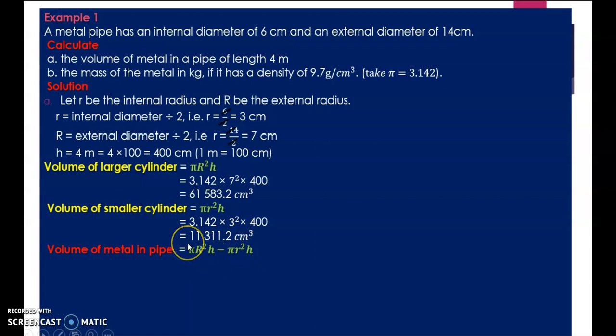By doing that, we are going to have the volume of metal in a pipe as 61,583.2 minus 11,311.2. By subtracting this from this, we are going to have the volume of metal in a pipe as 50,272 centimeter cube as our answer.